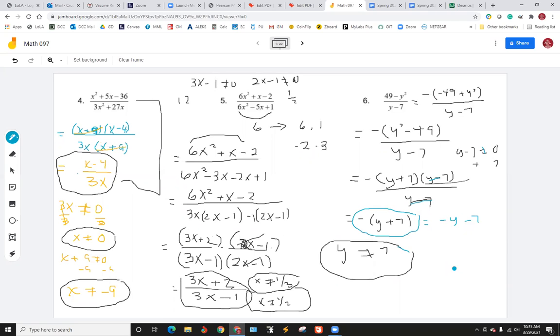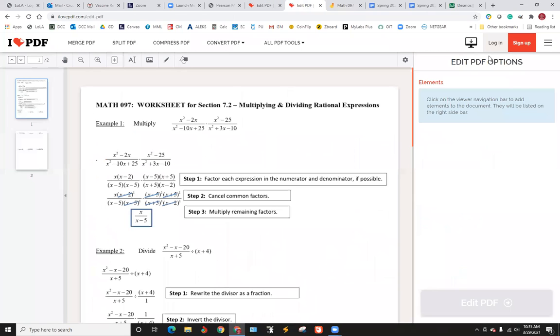All right, well, let's take a little break then, and I'll see you in a few minutes, and then we'll go on to 7.2. Now, the good thing about 7.2, you don't have to worry about finding out what the denominator is equal to, because these are multiplying, and so it's slightly different.